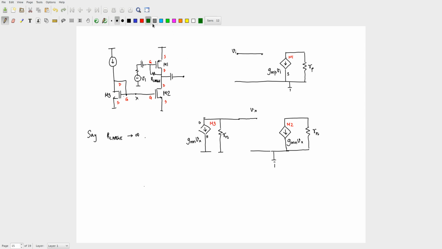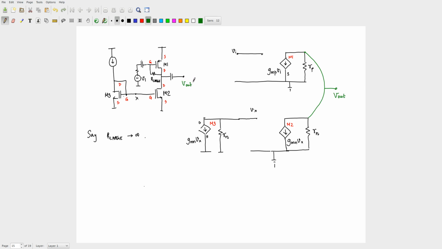I need one more connection which connects the drain of M1 to the drain of M2. The drain of M1 is here, the drain of M2 is here, so there is one connection like that. And where is my output? Output is basically at that break. That is my Vout. Correct?